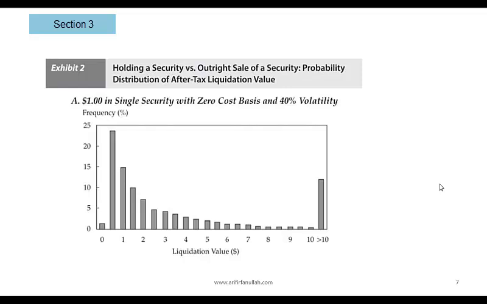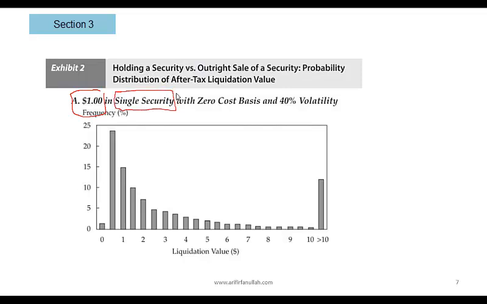Okay. This is very interesting. So what we are going to go through here, and I don't want to delve into the quant's angle of this particular graph, since clearly this is given here for a higher purpose, and the purpose is that an individual has a holding, and this is the value of the holding, which is $1 in a single security.